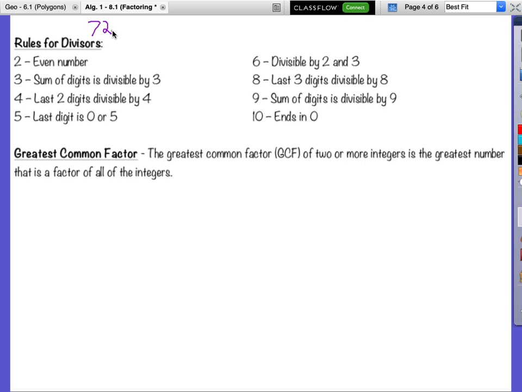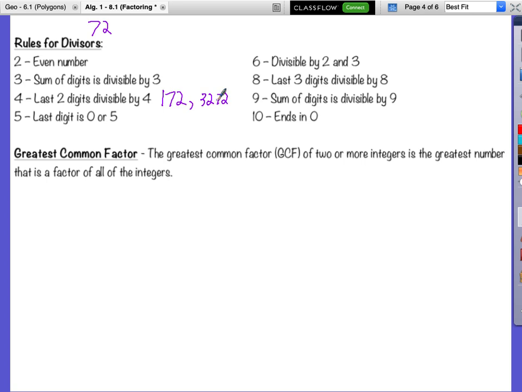For 4, the last two digits are divisible by 4. Now this doesn't help us with a number like 72, but if we have something like 172, well, the last two digits are 72. Did we say 4 went into 72? So 4 goes into 172, or 3,272.